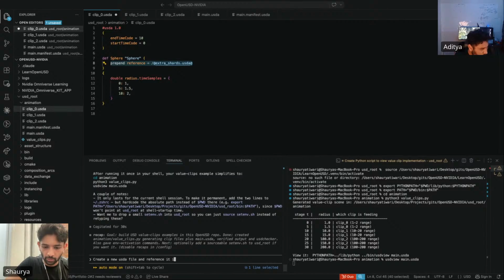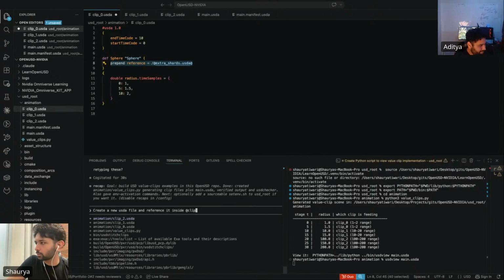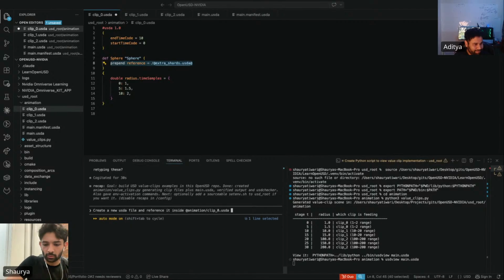Reference it inside clip 0.usda like this to contribute to the radius as well. I know it should not work, but I want to see the failure point and why.